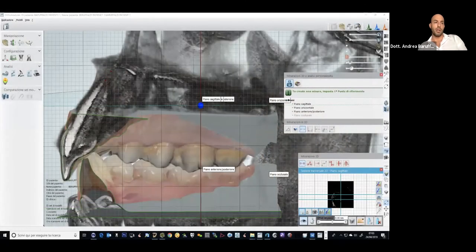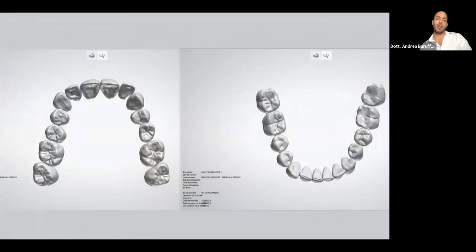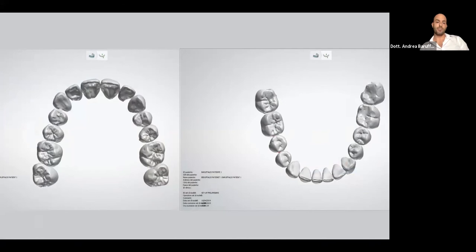So we started the case with the digital impression and the CBCT, and we thought about orthodontic therapy to be performed with aligners. The patient started treatment, and at every check the masseter slowly decreased its volume.